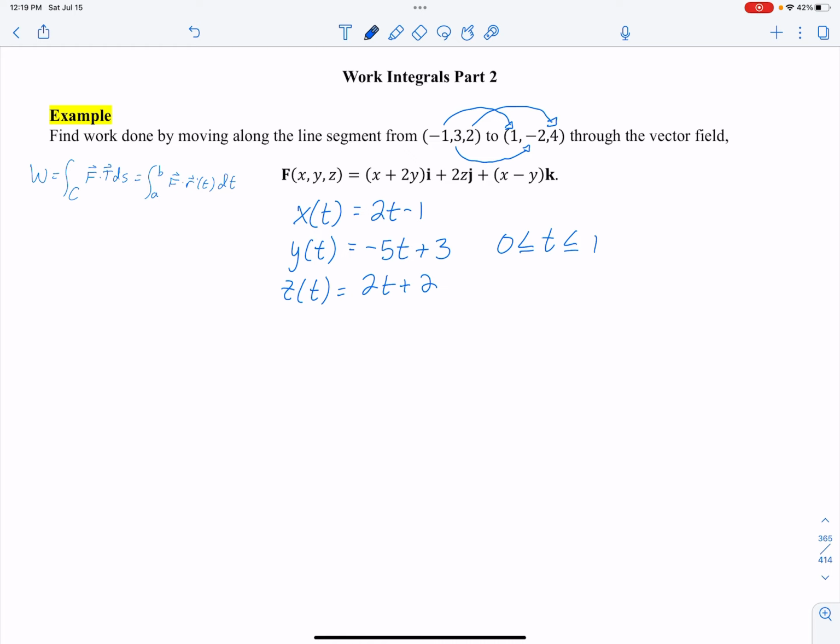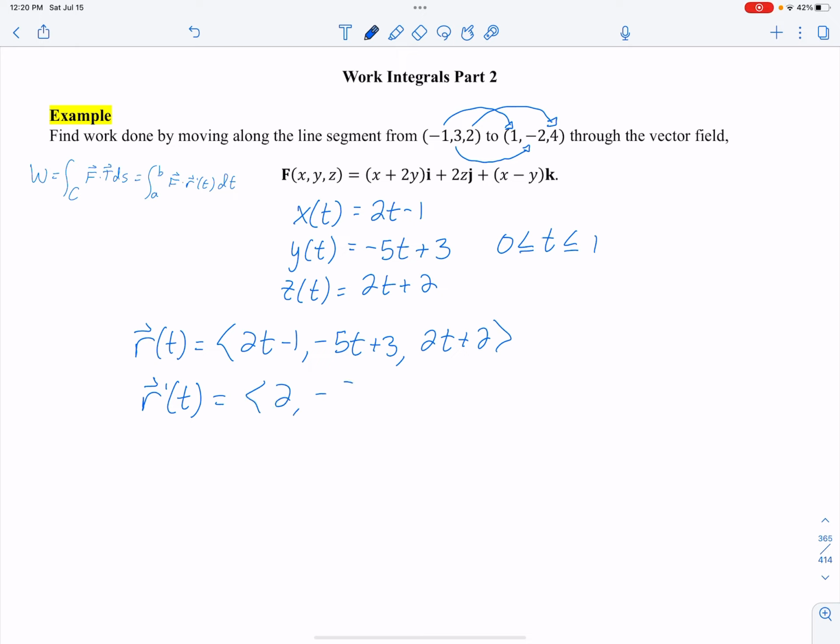All right, if I'm using my definition, I have it right there faintly up there. I need to find r prime, which we just came up with. 2t minus 1, negative 5t plus 3, and 2t plus 2. And using the definition, I don't need the magnitude, but I need the derivative. Thankfully, with all these linear functions, they turn out to be nice and pretty.